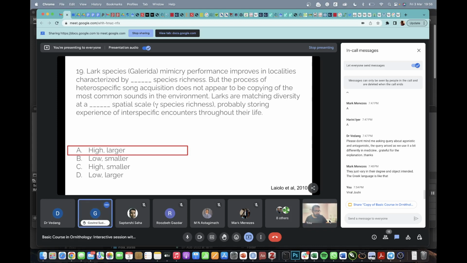It needn't be true, Govind, if you don't mind me saying this. There are lots of explanations that have even been given in Madam Jain's lectures. She said that one of the reasons why the repertoire is in place is because it is used in mating, for the chances of mating and the receptivity from the female.